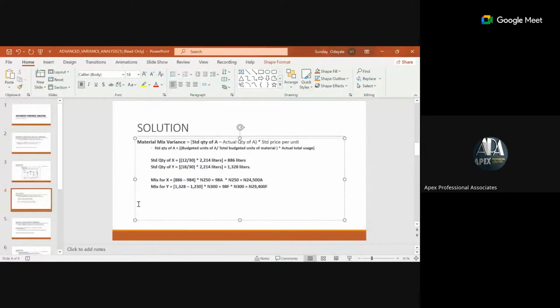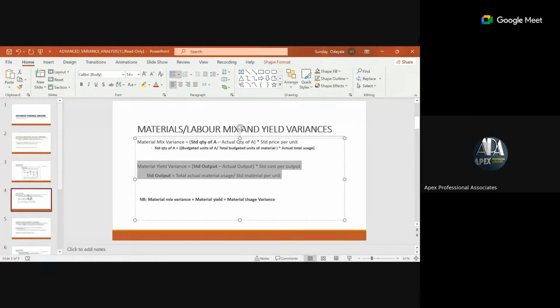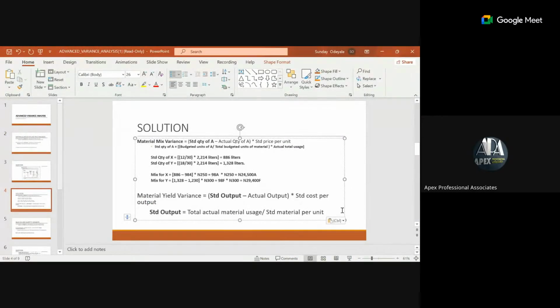So moving forward to the yield. So we have our yield formula here instead of wasting time to paste.